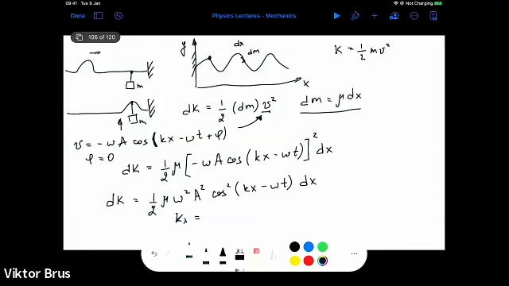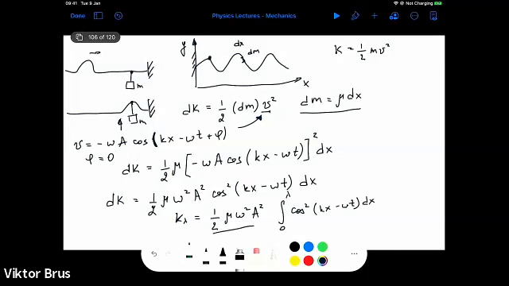For this purpose, we need to do some integration. 1 over 2 times mu times omega squared a squared, and then we need to integrate cosine squared of (kx minus omega t) dx from 0 to lambda.